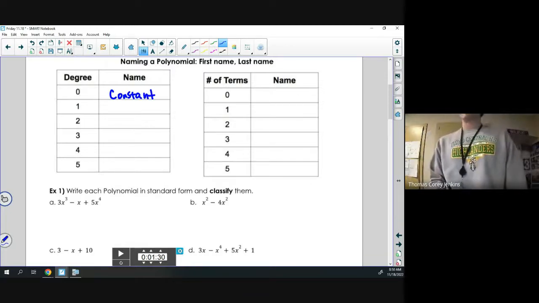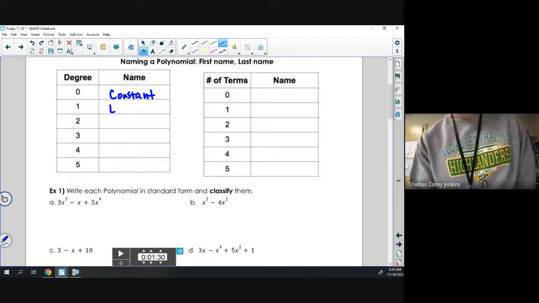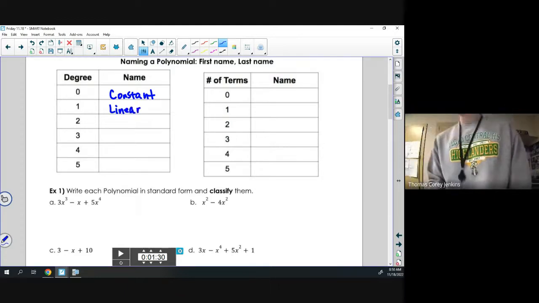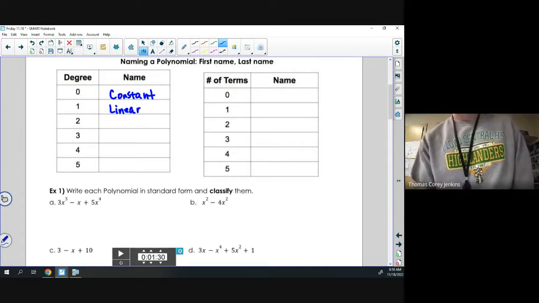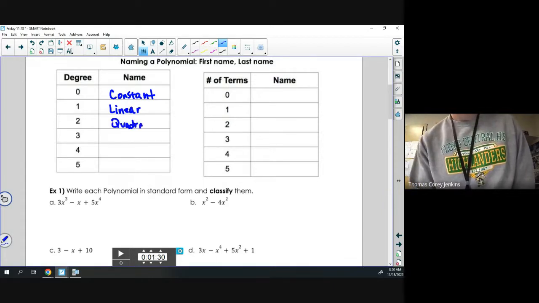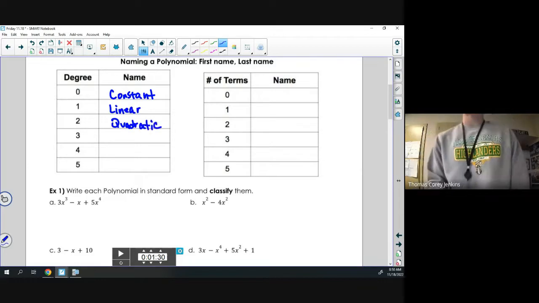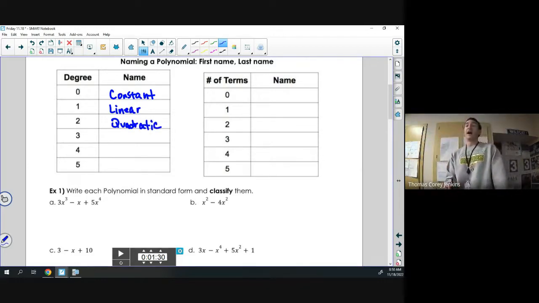So like 5 is 0 degree. First degree is called linear. So 5x would be a linear term. Second degree is quadratic. 5x squared would be quadratic.